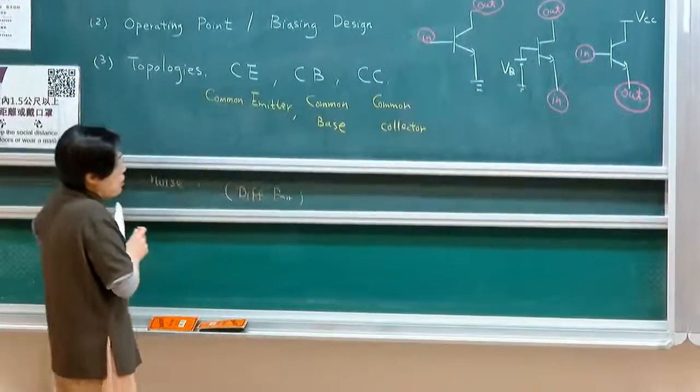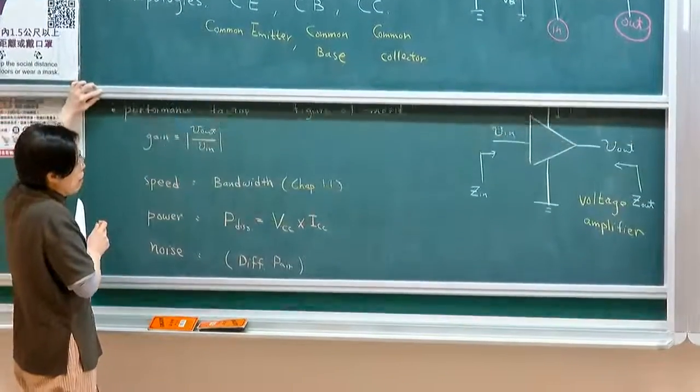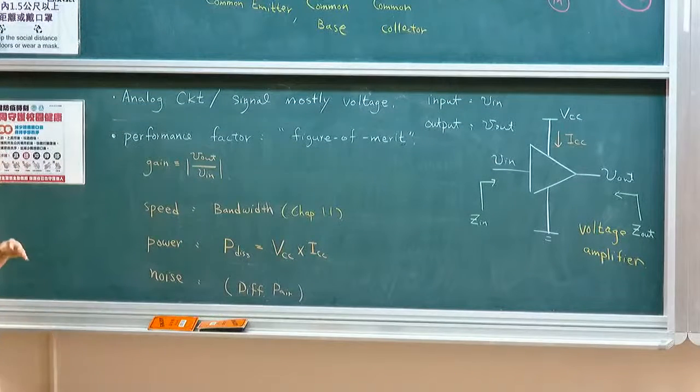Before we move to the details, we're going to start by talking about what an analog circuit is. A typical analog circuit is a circuit which processes analog signals. These signals, in most cases, are voltages. You transform the signal into voltage at the very beginning.